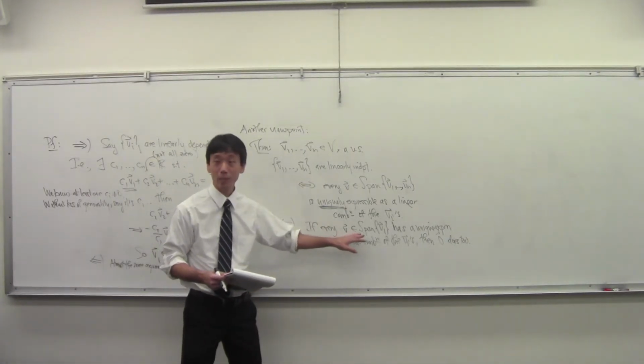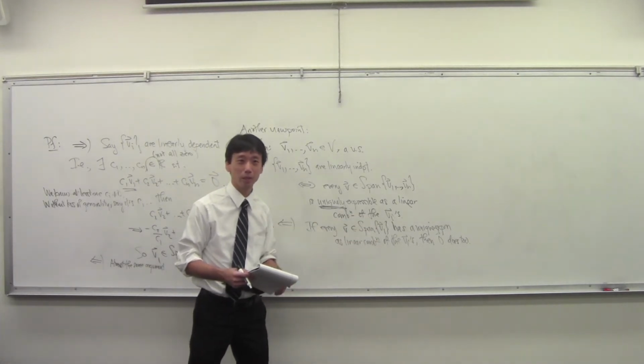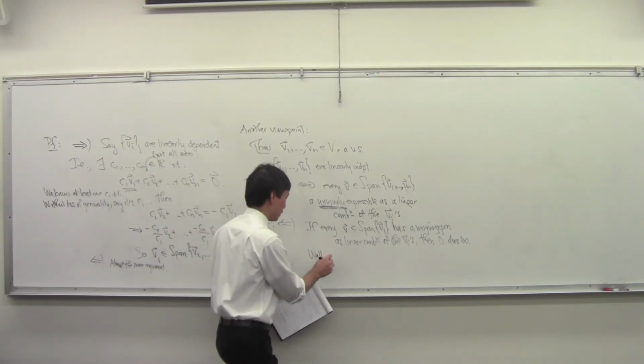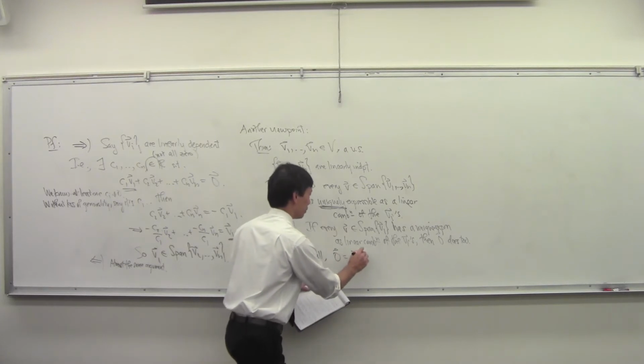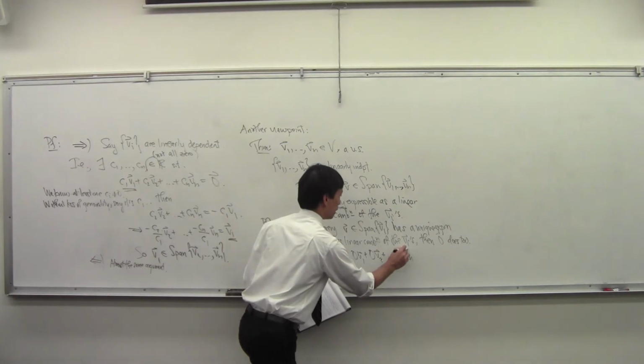Right. If everybody in the span has a unique expression, then 0 does, because 0 is in the span. And you say, well, 0 is 0v1 plus 0v2 plus blah, blah, blah, 0vn.